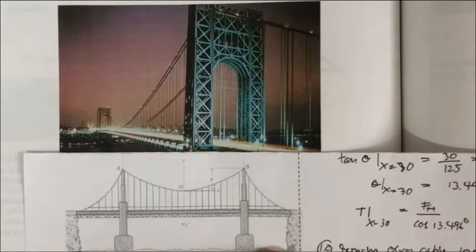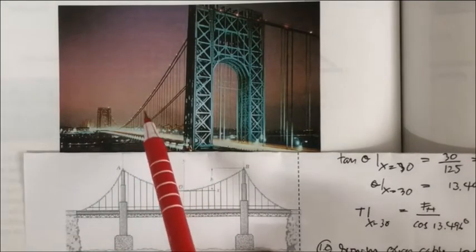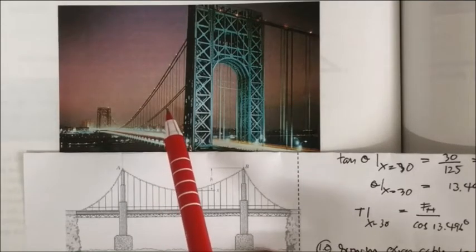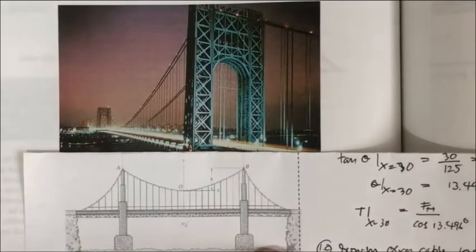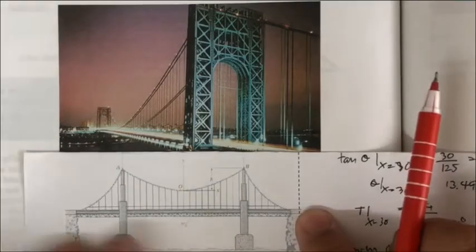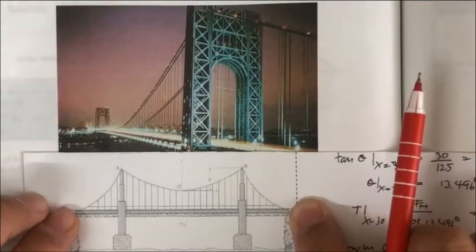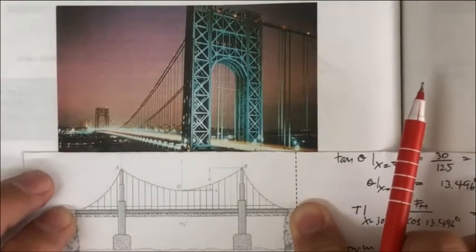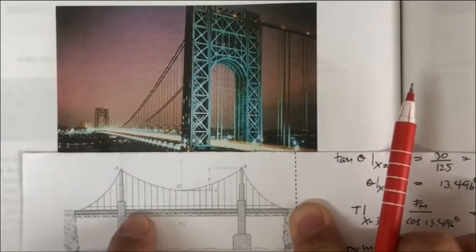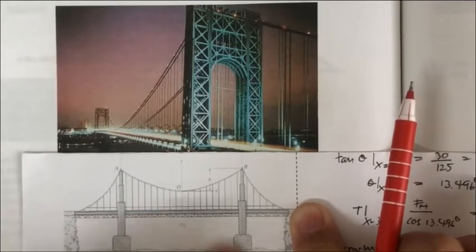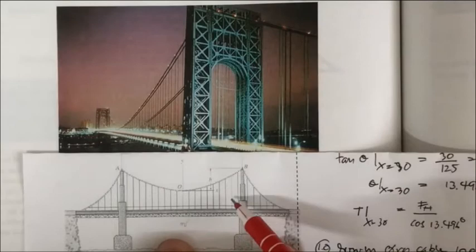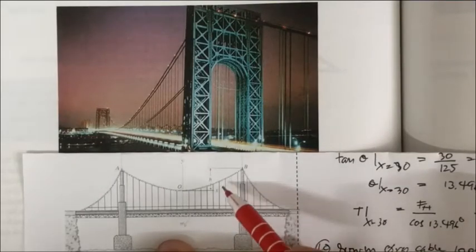When we do the load distribution, half of the load is distributed to this cable and another half to the other cable. So our cable will take only half of the real force in the girder, and then the load transfers across the hanger.